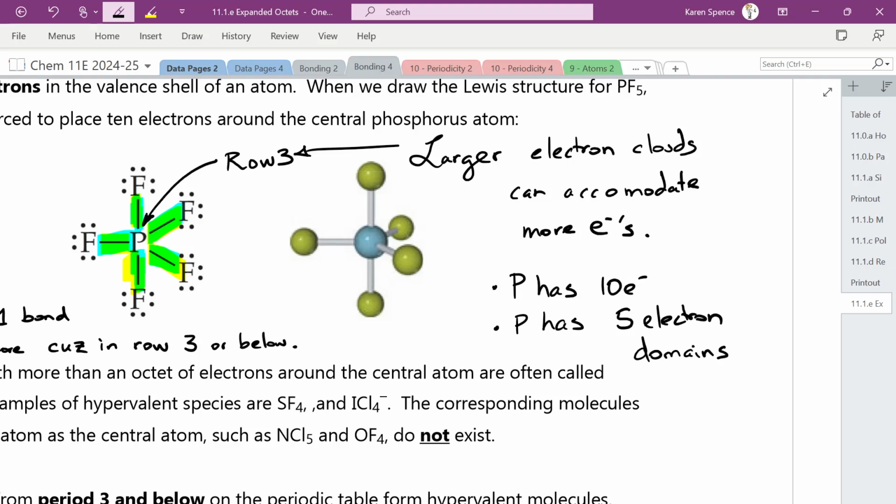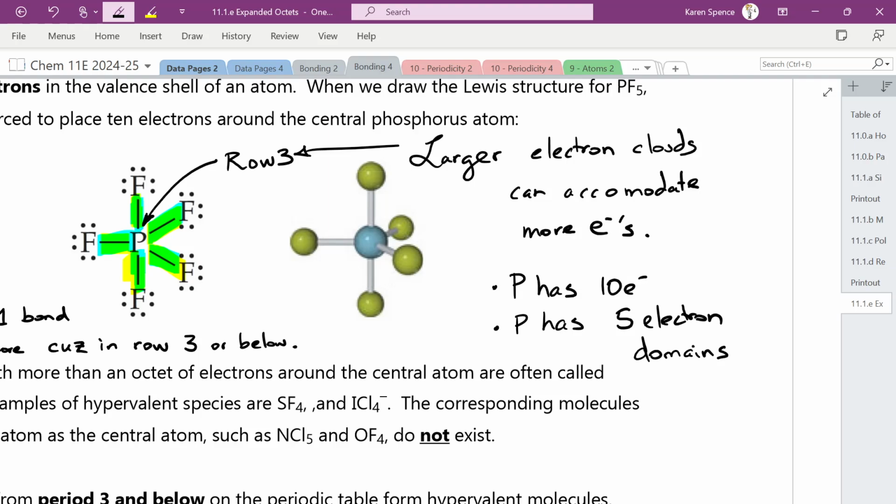All right. Anyone remember what this shape is called? Brian, are you playing on your phone? What is this shape called?